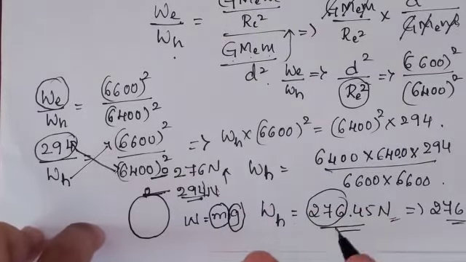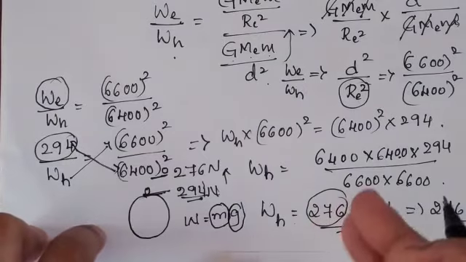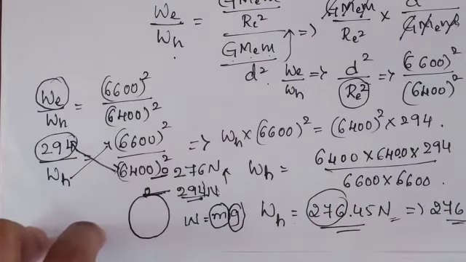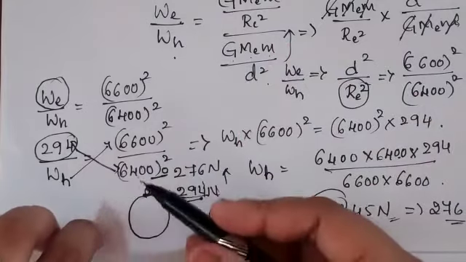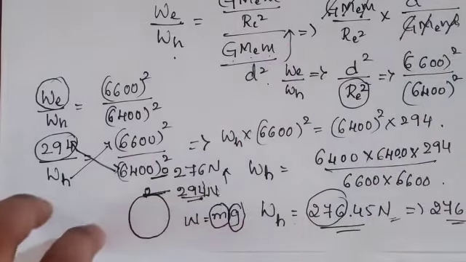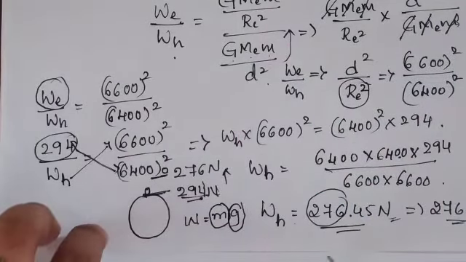G value is acceleration due to gravity. So what I can conclude is that the acceleration due to gravity, that is the g value, goes on decreasing when you go higher and higher. That means above the surface of the earth, the value of g goes on decreasing.